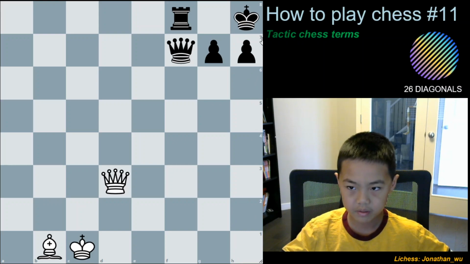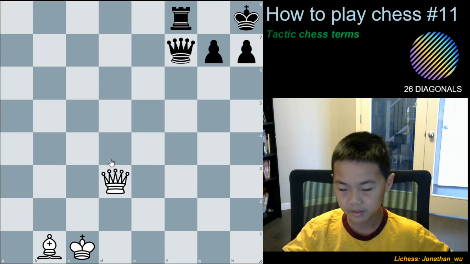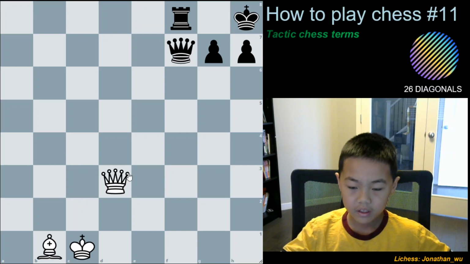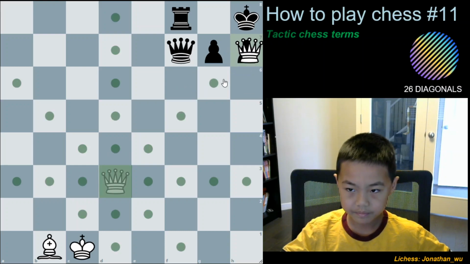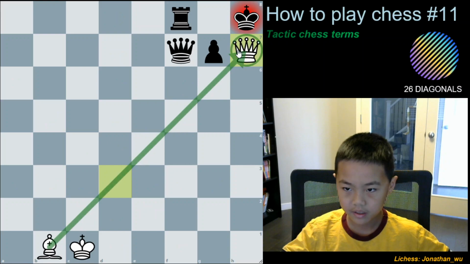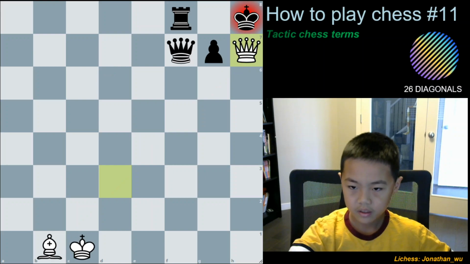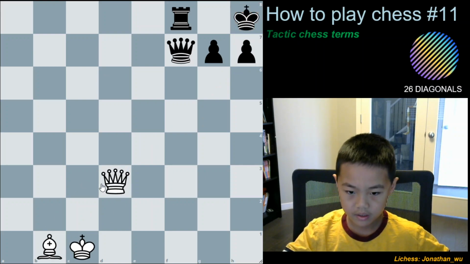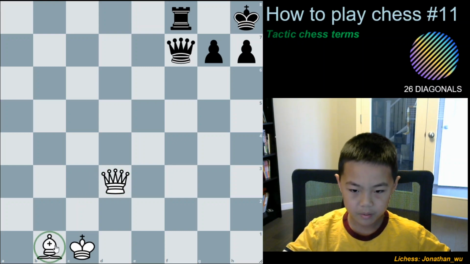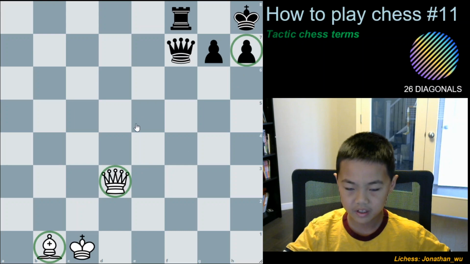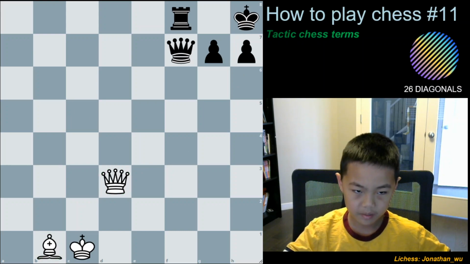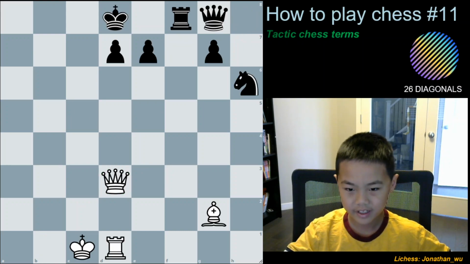It's kind of hard to explain, but I'm just going to say the pawn in front of the king. I'll talk about that in another video. So, like this, the bishop is protecting the queen, and the king can't take this because of that. That is why it is called a battery, because one piece is protecting the other, so then it can take the pawn you desire to take.